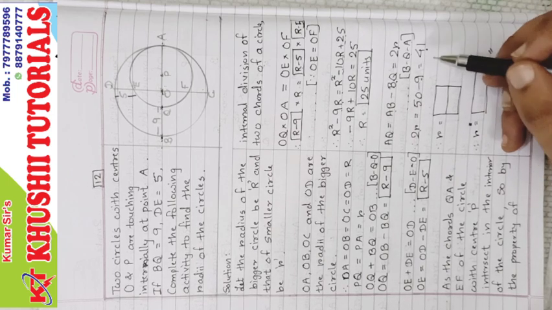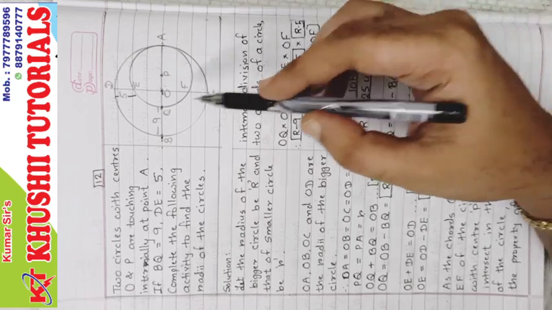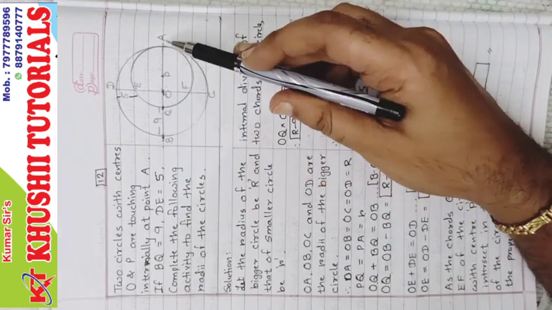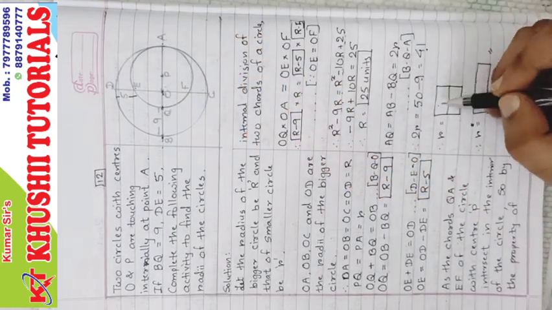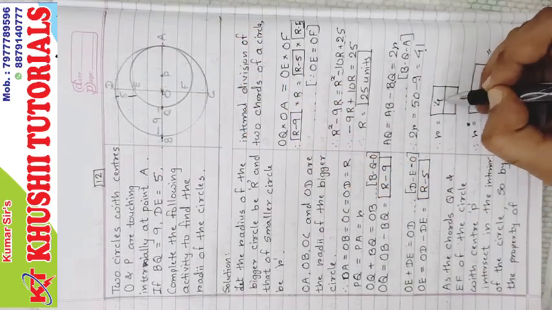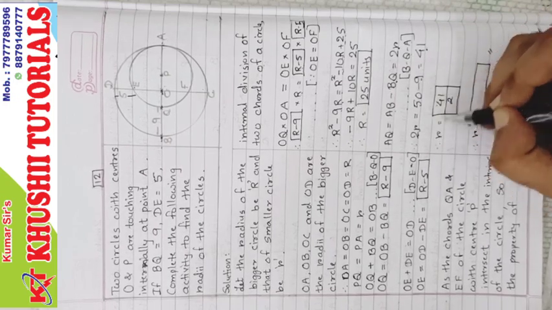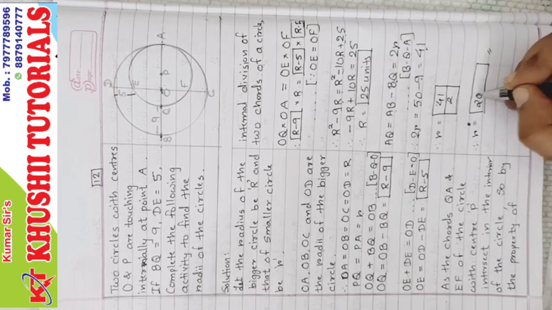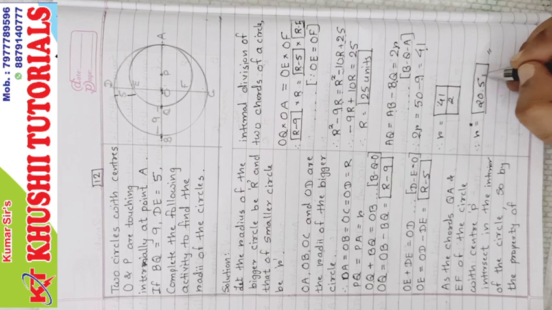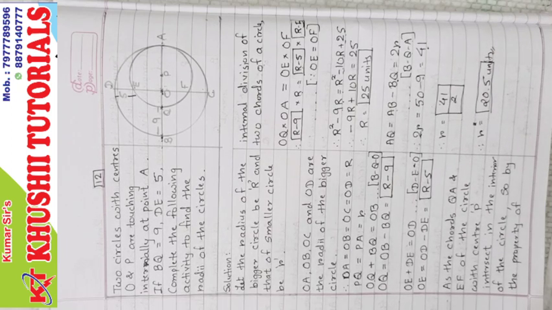AQ is a diameter of the smaller circle, so radius will be half of diameter, so 41 upon 2. So 2r is 41, so r equal to 41 upon 2, and 41 upon 2 is 20.5 units. So finally the answer: the radius is 20.5 units.